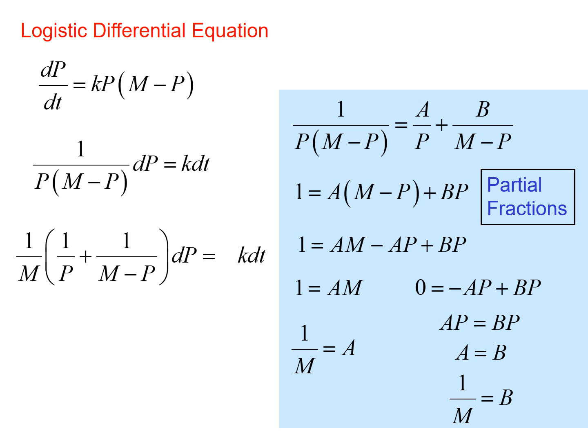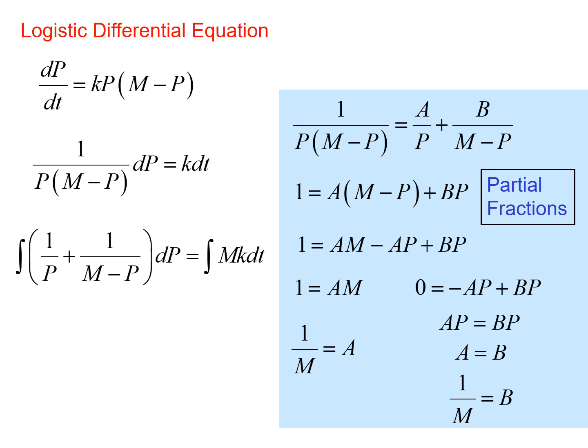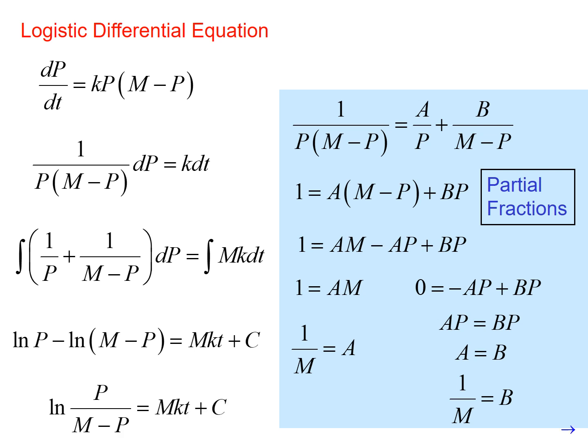So now we can rewrite this as 1 over M times (1 over P plus 1 over (M minus P)). And I'm going to move that M over to the right side. And now I can throw on my integrals, take the antiderivative, and using our log rules, we can combine those two logs together.